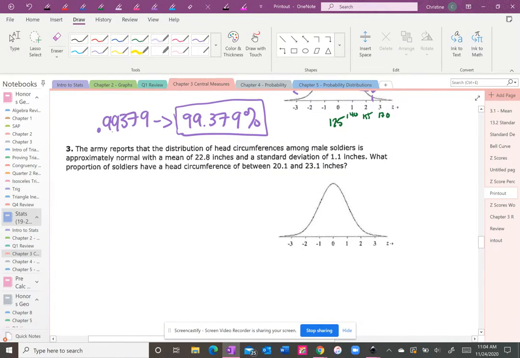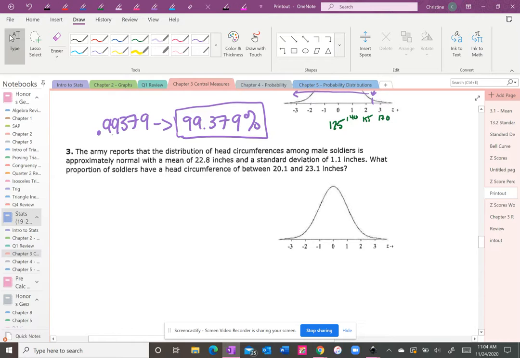And then the last case scenario is in between. So for this one, the average is 22.8. The standard deviation is 1.1. So if I'm just making my axis here, this would be 23.9, 25, 26.1, and then I'm going the other way.